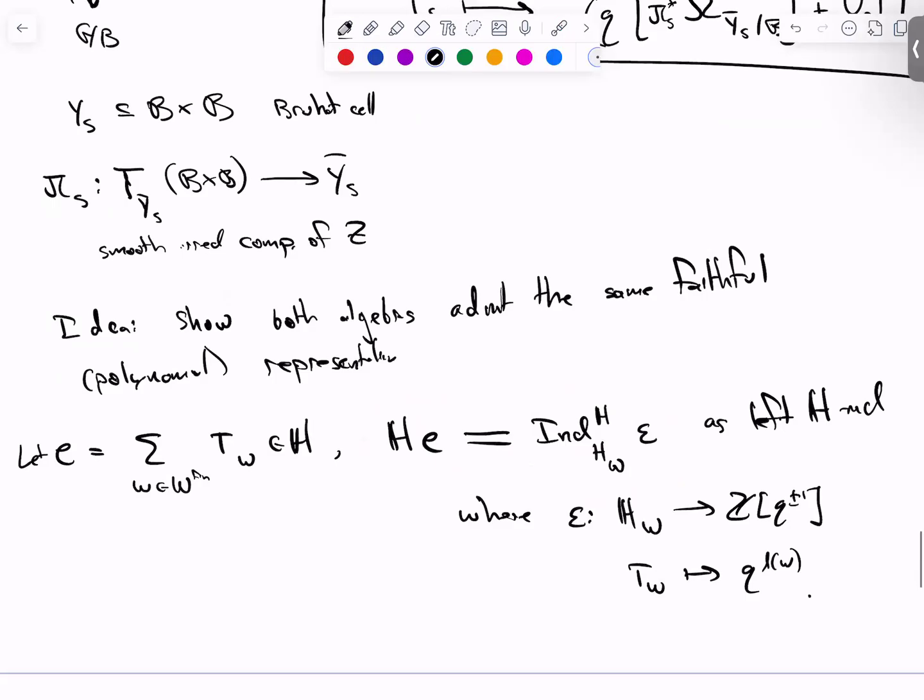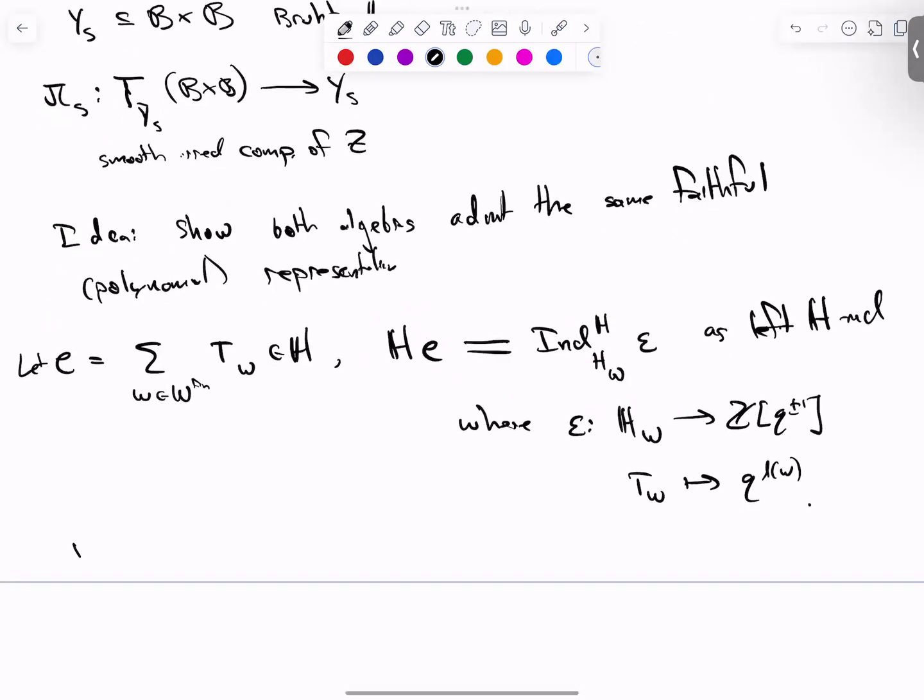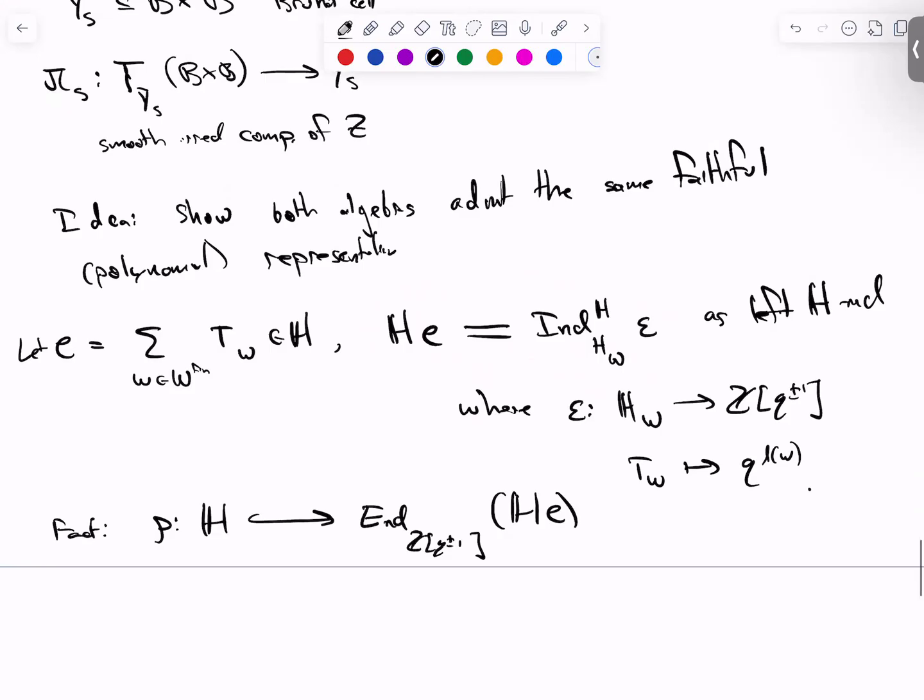But this works. Thus, I'll say as a fact, this map is a faithful representation.